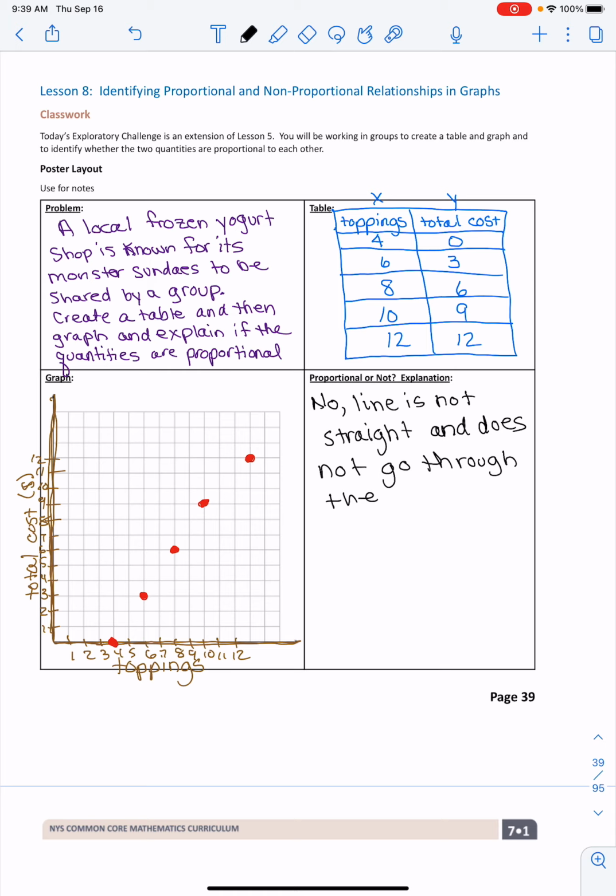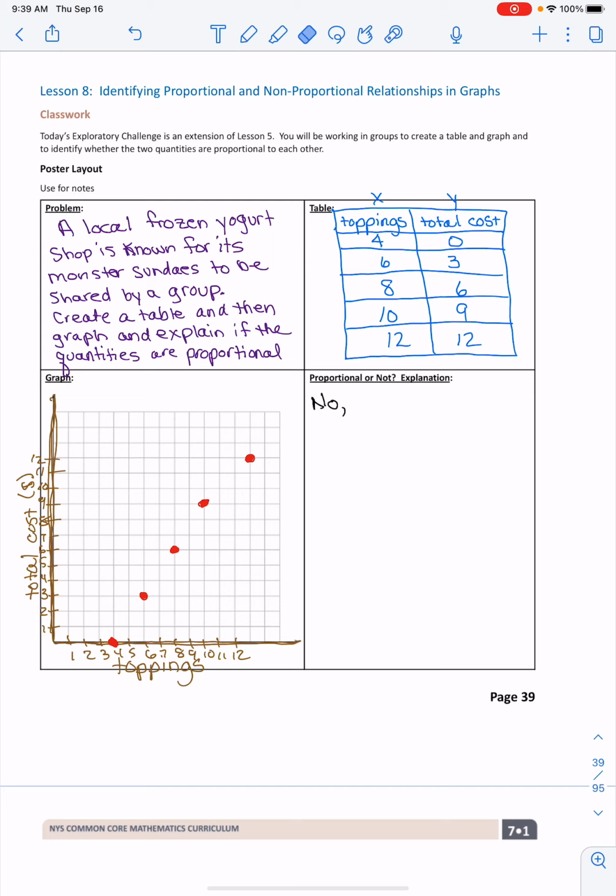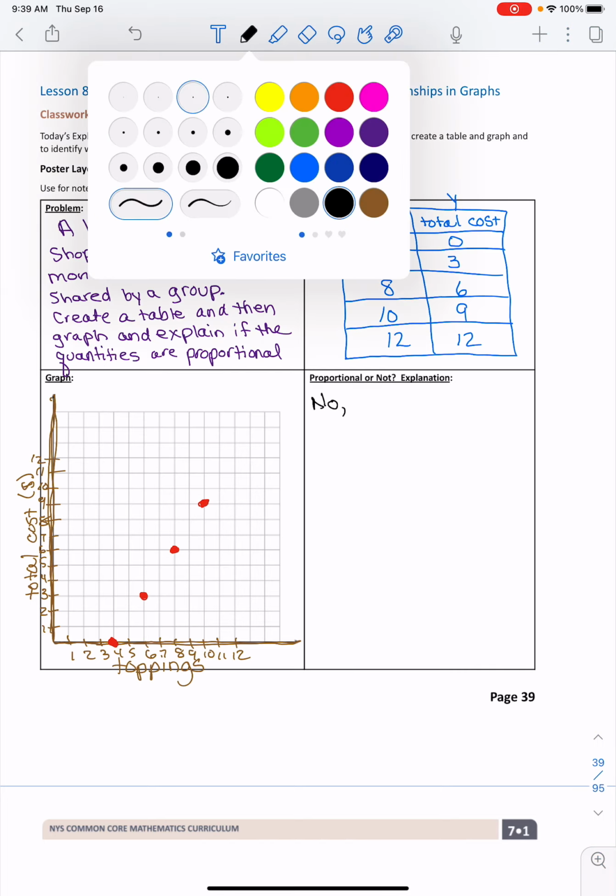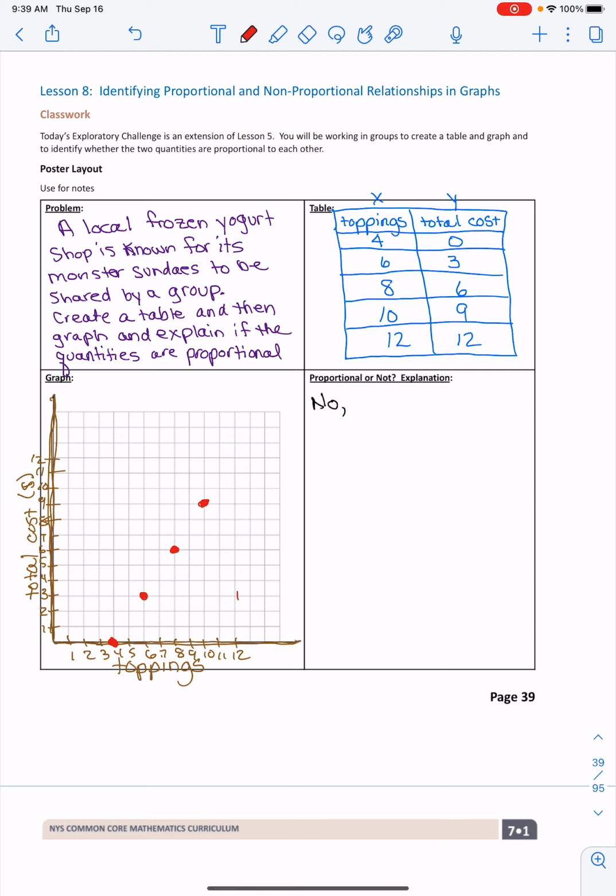Oh, and I'm going to have to change that, guys. The line actually is straight. I put the point wrong. So let me erase that point and put in the proper one. Okay, point is right here at 12. There we go. All right.